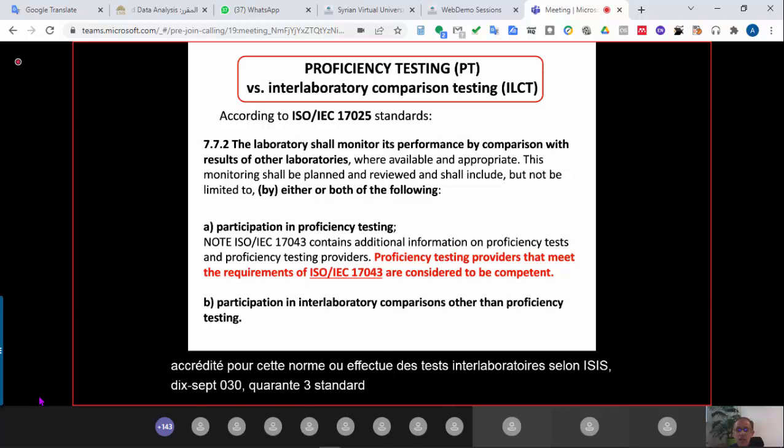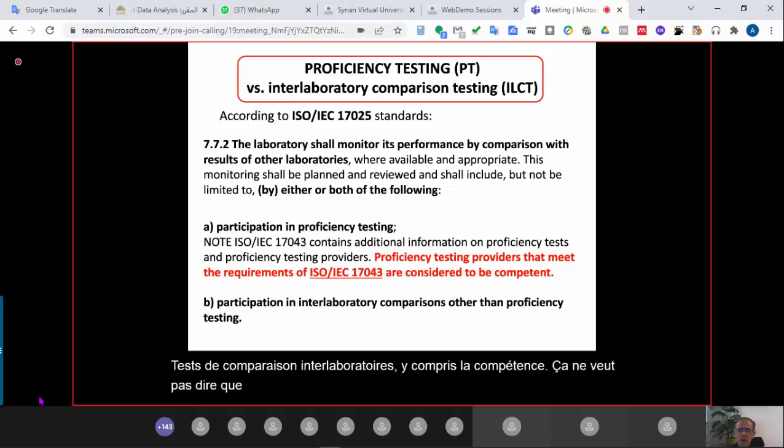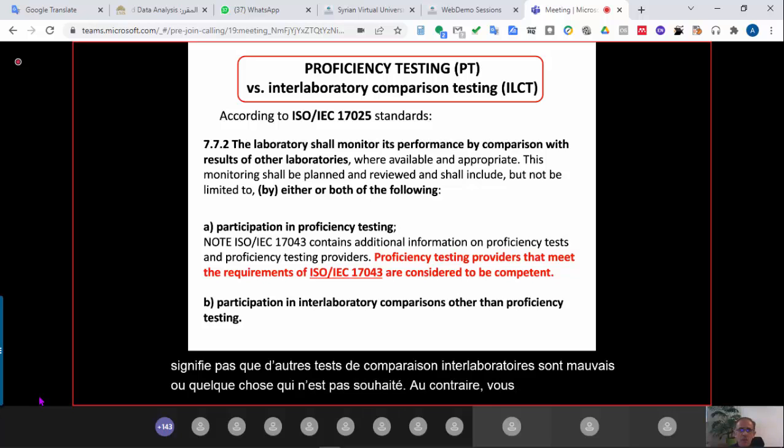Everything else is interlaboratory comparison testing, including also proficiency. It doesn't mean that other interlaboratory comparison testings are bad or something that is not desired. On the contrary, you will see in next slides by the end of my presentation.